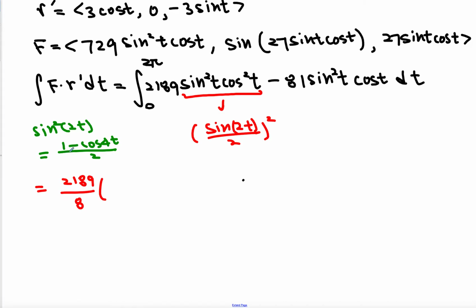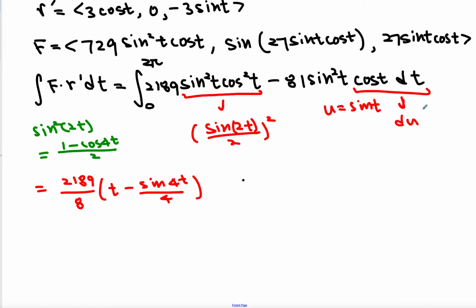Then 1 becomes simply t when you integrate it, and this one becomes minus sine of 4t over 4. That's the first one. For the second one, I can use u substitution, where u equals sine of t, then du becomes this portion. So we get minus 81 sine cubed t over 3. That's basically the expression I'll end up getting.